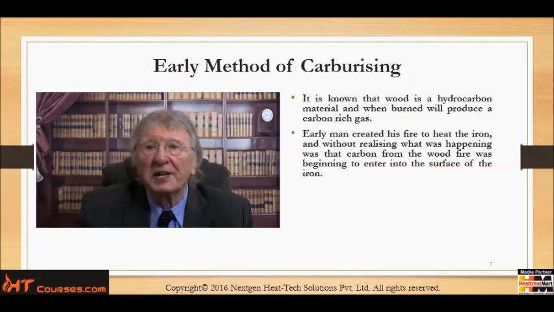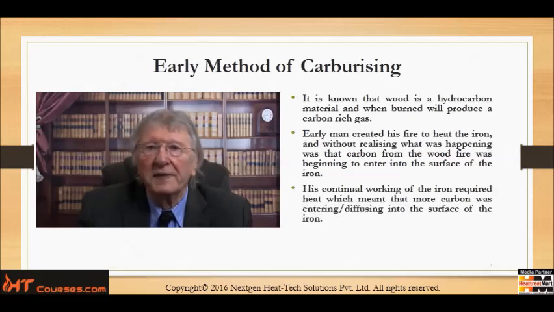Early man created his fire to heat the iron without realizing what was happening, and that the carbon from the wood fire was beginning to enter into the surface of the iron. His continual working of the iron required heat, which meant more carbon was entering or diffusing into the surface of the iron. Early man was carburizing without even knowing it.